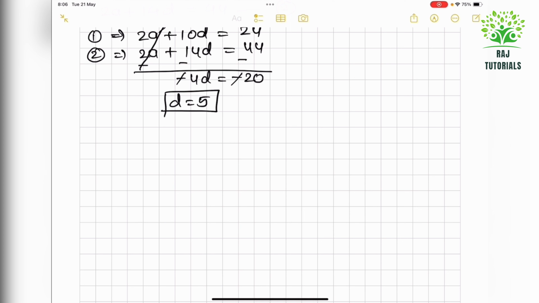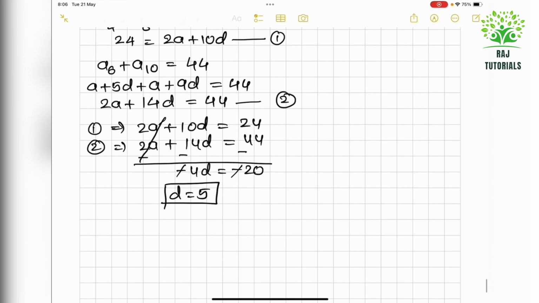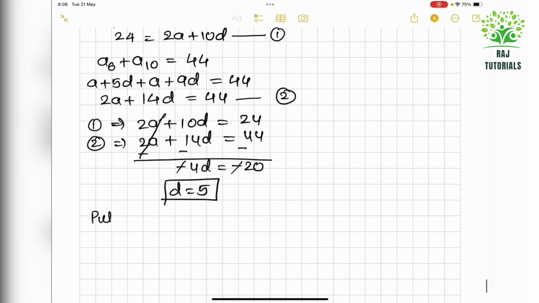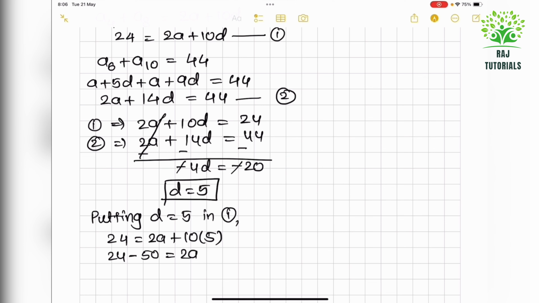Now I have to put this in equation 1. So putting D equal to 5 in 1, 24 equal to 2A plus 10 into 5. So 24 minus 50 equal to 2A.